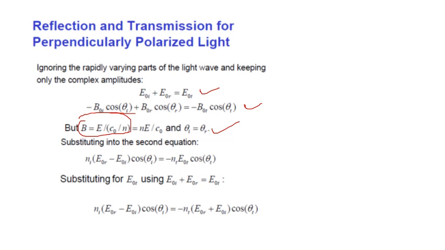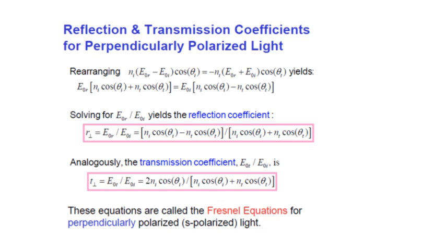And we are left with these results. n E0r cos theta i is equal to this. We can also obtain reflection and transmission for perpendicular polarized light.